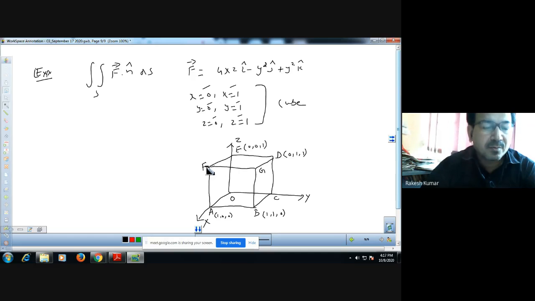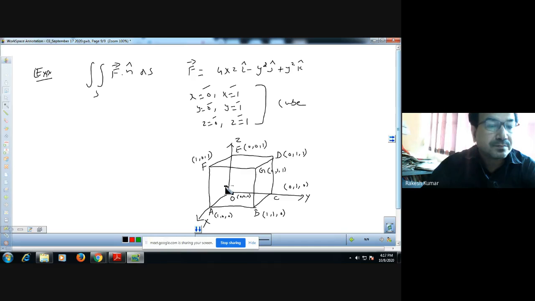F is 1, 0, 1, in the xz plane. O is the origin point, and C is 0, 1, 0. G has coordinates 1, 1, 1. So these are the coordinates of all the vertices of the cube.